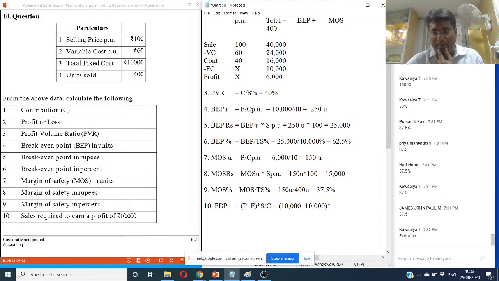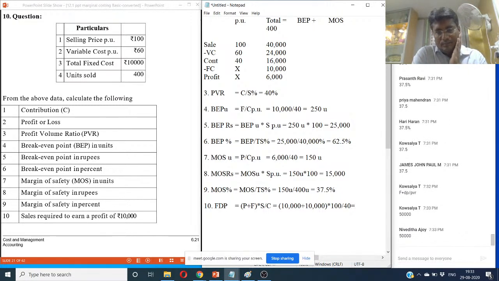Of course, divided by PVR is also correct, the inverse of PVR being sales by C. So you can divide by PVR also. On a per unit basis, sales being 100 and contribution being 40. Get me the value. 50,000 is correct. So the 10th question is also answered.